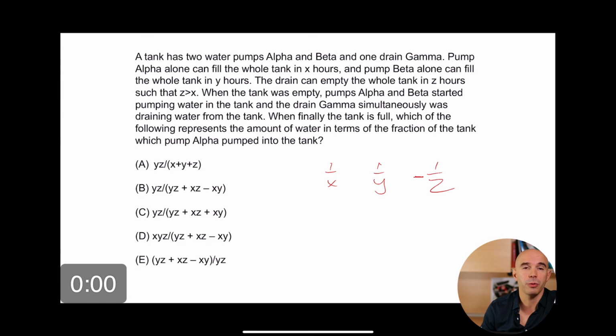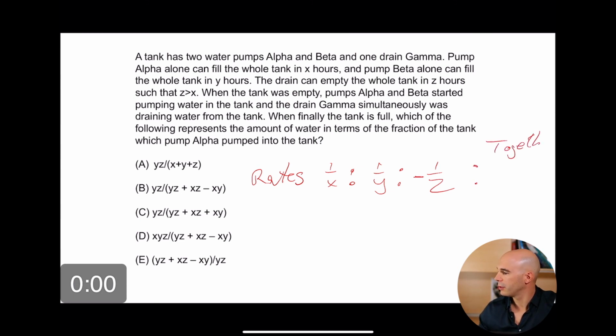Using the same thing we just discovered in the other example with Avi and Jackie, these are the rates: 1 over x to 1 over y to negative 1 over z. Together, what would be the rate? It would be 1 over x plus 1 over y minus 1 over z. That's the combined rate.